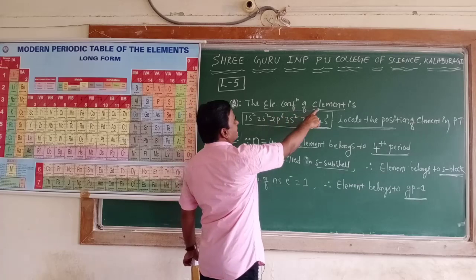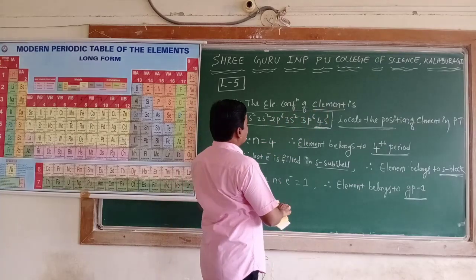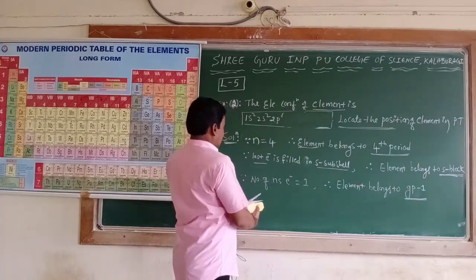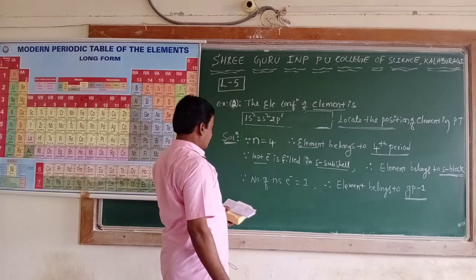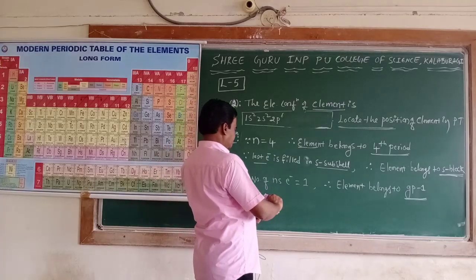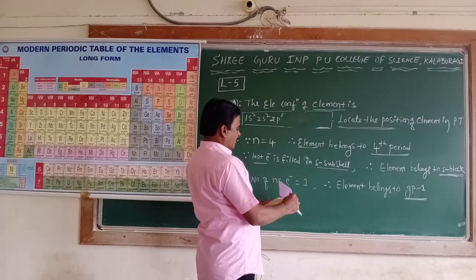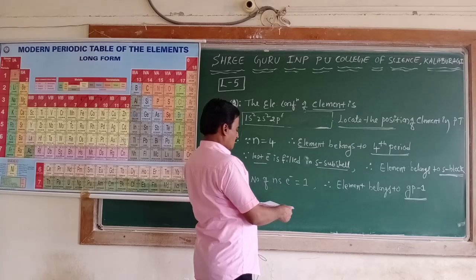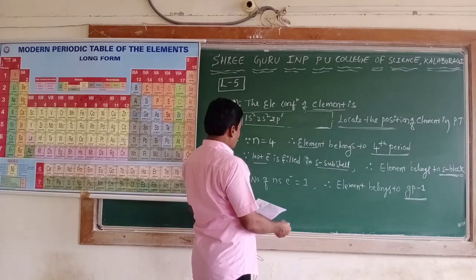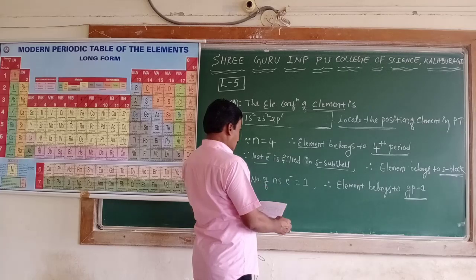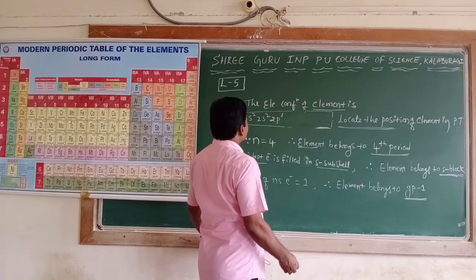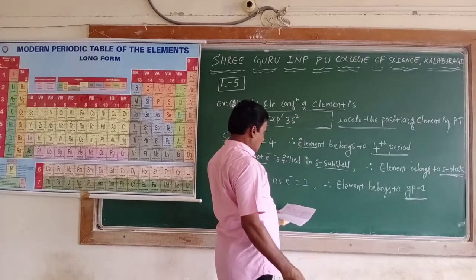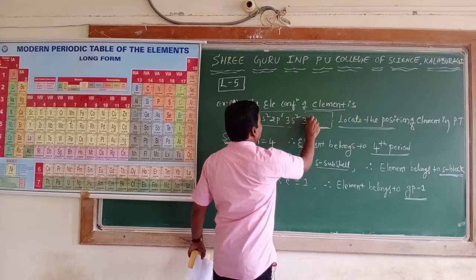The electronic configuration of the element is 1s2, 2s2, 2p6, 3s2, 3p1.